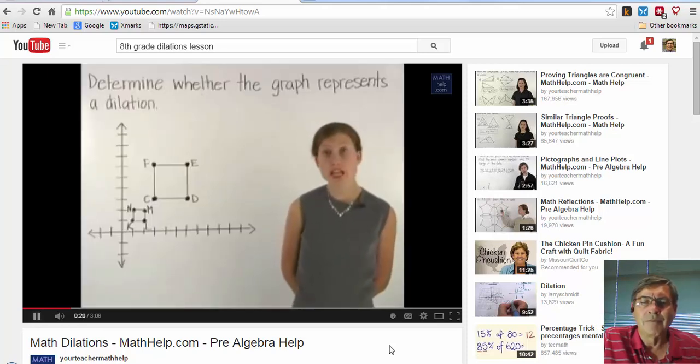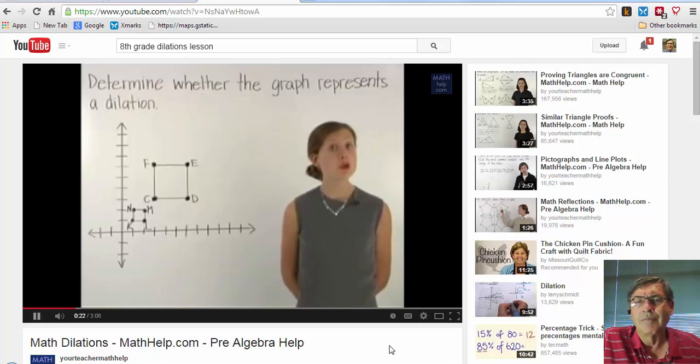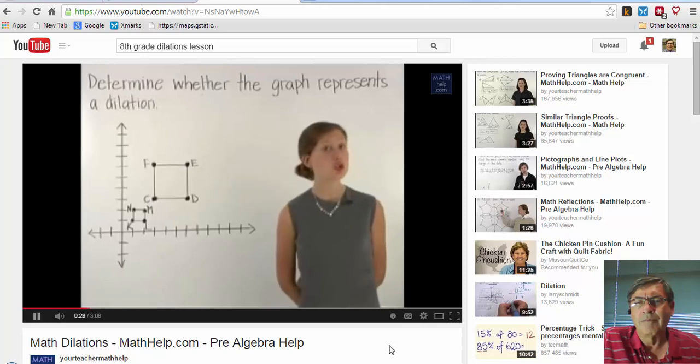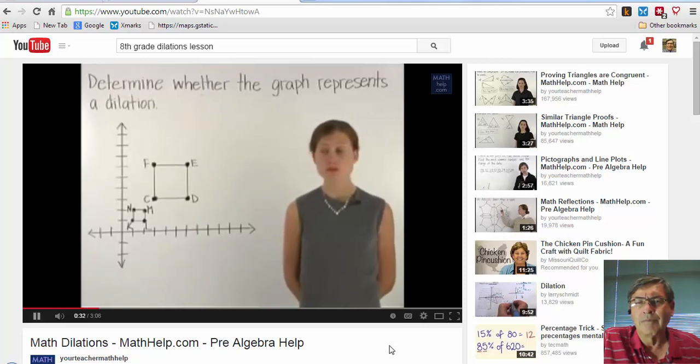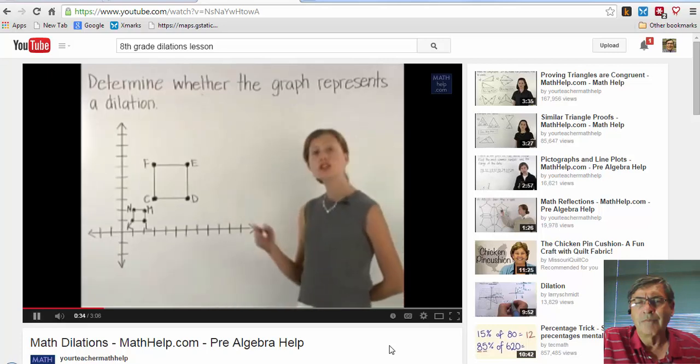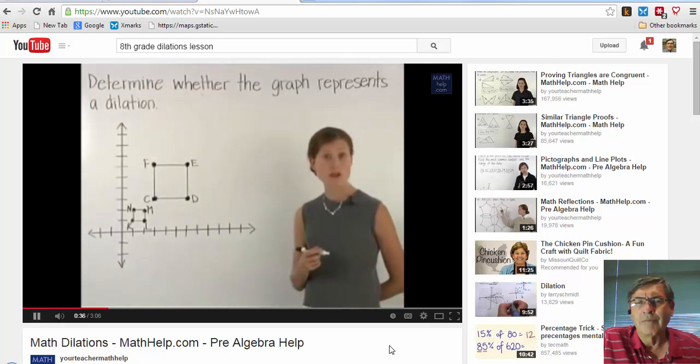Remember that we can create a dilation by multiplying each of the coordinates of a given figure by the same scale factor to create a new figure which is similar to the first. So here, to determine whether this graph represents a dilation, we need to compare the coordinates of corresponding points.